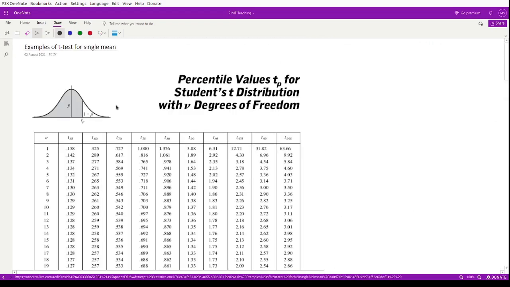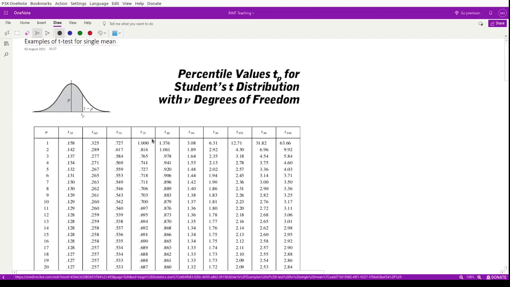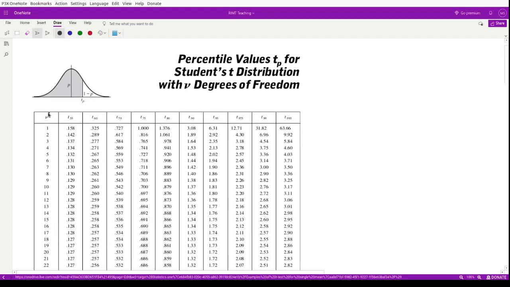Here you may see that the table for the t-test is given like this. What is this nu? This nu represents the degrees of freedom, and the subscript of t represents the level of significance.